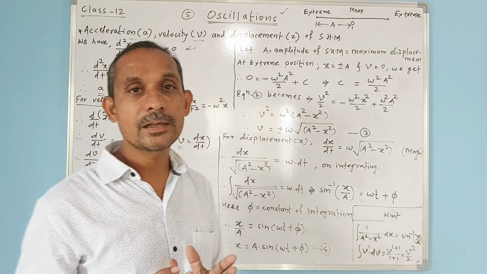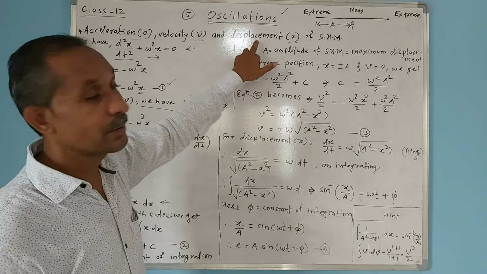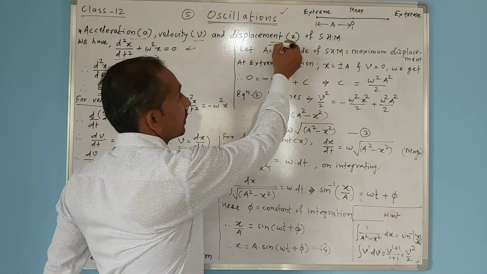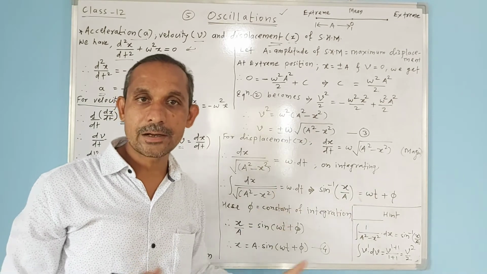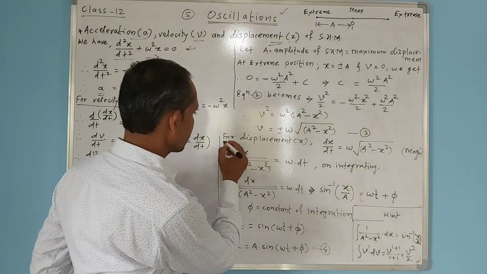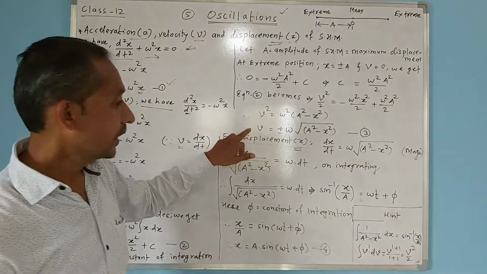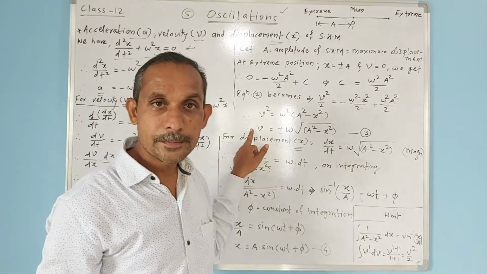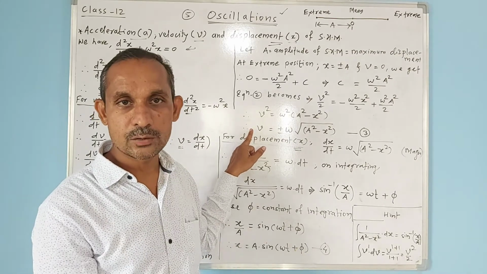Now the remaining expression that we have to derive is for displacement. In the previous equation we have the velocity, but velocity means dx by dt, the rate of change of displacement with respect to time.